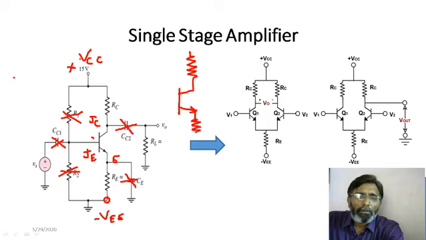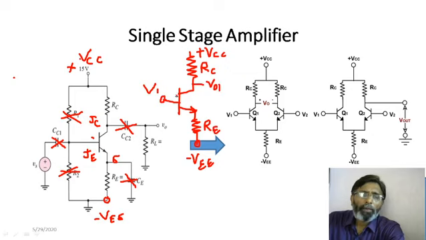This will be minus VE, this will be plus VCC, this will be RC, this will be RE, and this will be input V1. I will call this output VO1. So, this will be my amplifier. To this I can apply an AC or DC input and have the amplified output signal here. This is my amplifier which can amplify AC as well as DC.